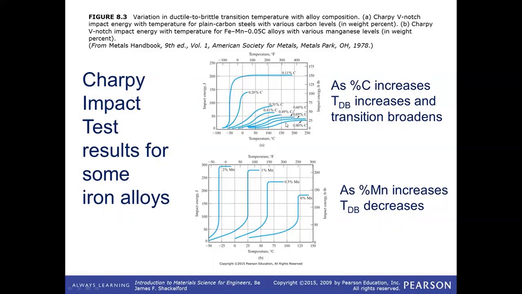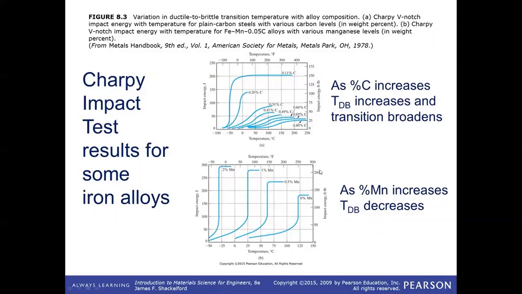It's not going to become ductile until elevated temperatures are reached. So as the amount of carbon is increased in plain carbon steels, the ductile to brittle transition temperature increases. You can see also the transition broadens. Essentially, it's broadening because the material is becoming more brittle at elevated temperatures.